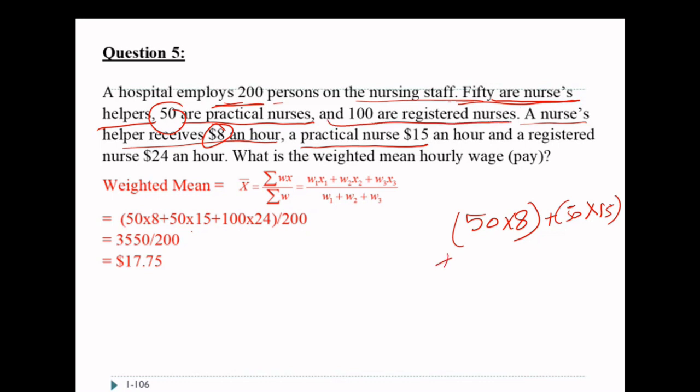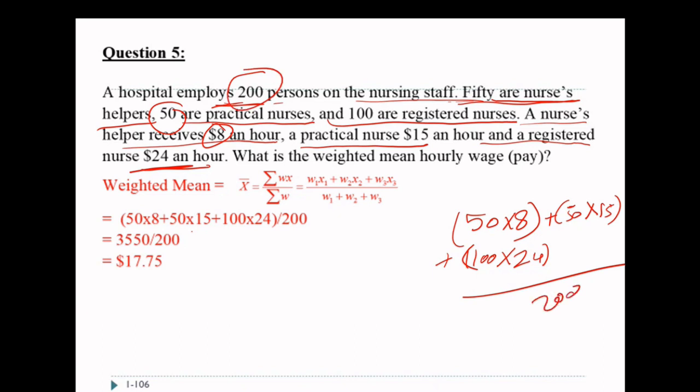The third group is 100 registered nurses. What's the rate of registered nurses? It is $24 per hour, so 100 times 24, divided by the number of employees, 200.